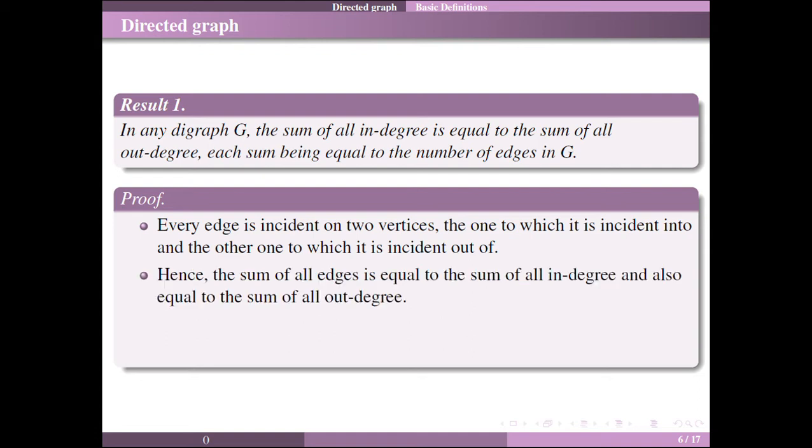Hence, the sum of all edges is equal to the sum of all in degrees and also equal to the sum of all out degrees. And also we can see that the sum of all d plus of Vi, i equal to 1 to n, that is the sum of all out degrees, will be equal to the sum of all in degrees, and hence the result follows.